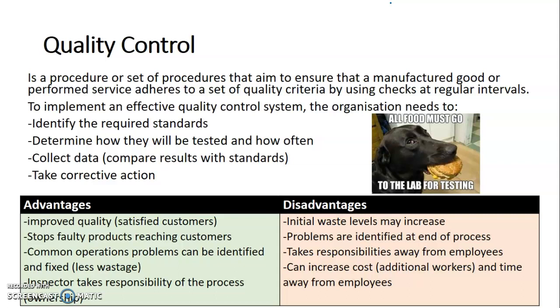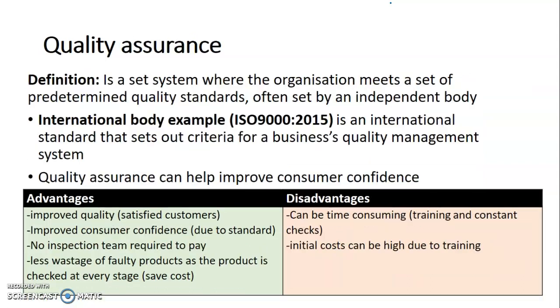So that's an issue, and that's why we should have regular checks as we go along. We take responsibility away from a lot of employees because there's only one person in charge, and it can increase the cost. We've got to hire someone as that inspector to do the quality control, so we're going to have more employees and we're going to have to pay them more money, so it's costly. Also time consuming if you want to build that in there as well.